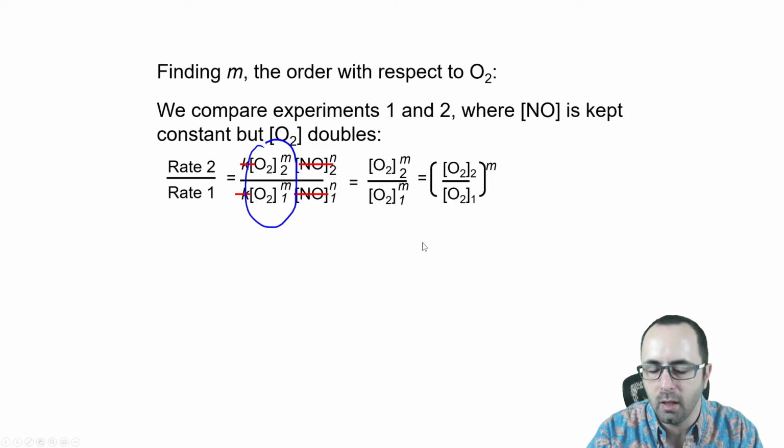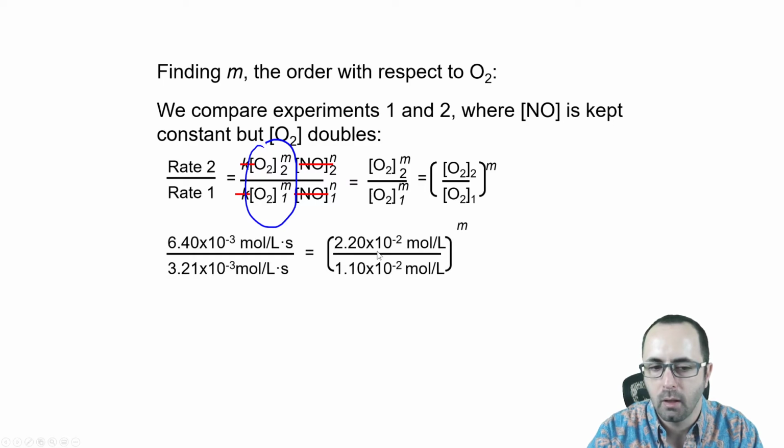And so now we're going to plug in the data. The rate for experiment 2 is 6.4 times 10 to the minus 3. For experiment 1, it was 3.21 times 10 to the minus 3. The concentrations were 2.20 times 10 to the minus 2 and 1.0 times 10 to the minus 2. Hopefully you were writing this down on paper so you can compare to the last slide.